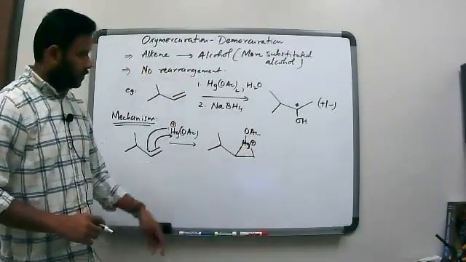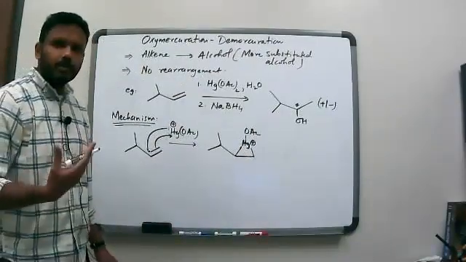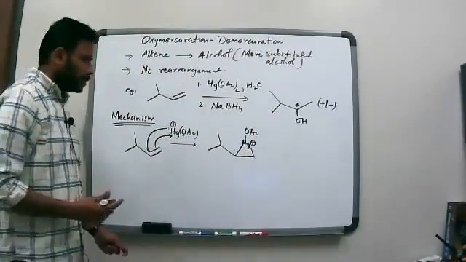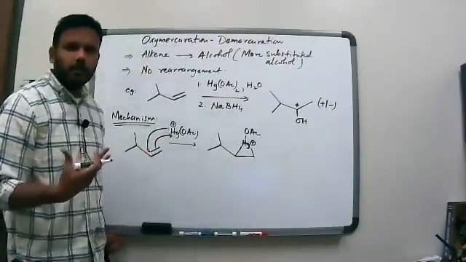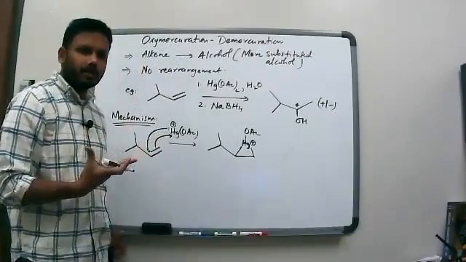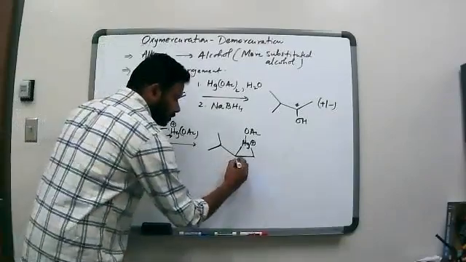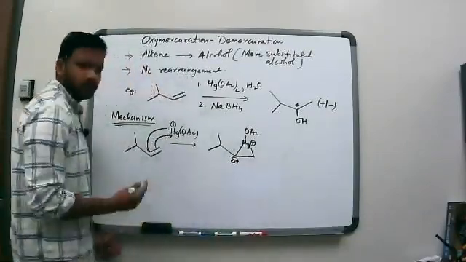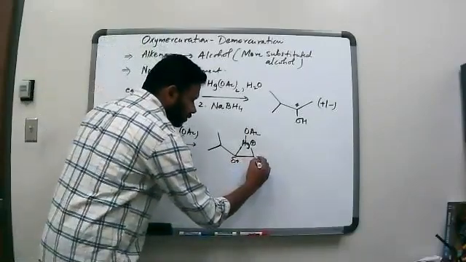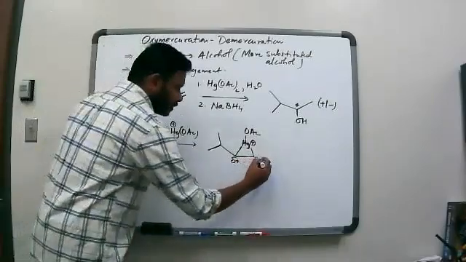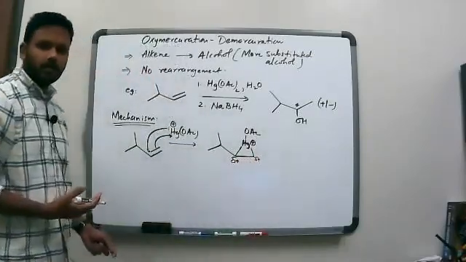Now, this is very similar to a bromonium ion. That means these carbons still retain some carbocationic nature. They're still positive. The more substituted carbon here is going to have a bigger delta positive, while the less substituted carbon is going to have a smaller delta positive.